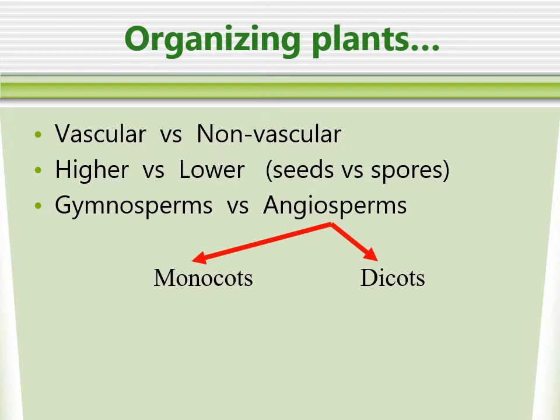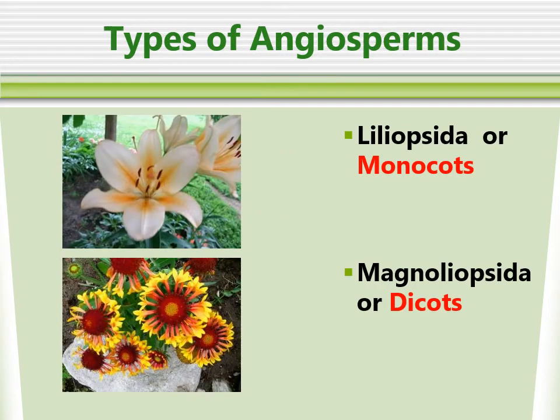The angiosperms are divided into two groups, right? So again, we're organizing plants, we're categorizing them. The angiosperms are broken up into monocots and dicots, so two groups. The monocots, the fancy term for that is Liliopsida, and for dicots, the fancy term is Magnoliopsida.